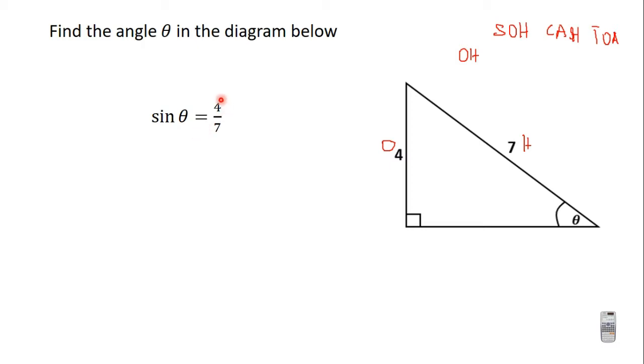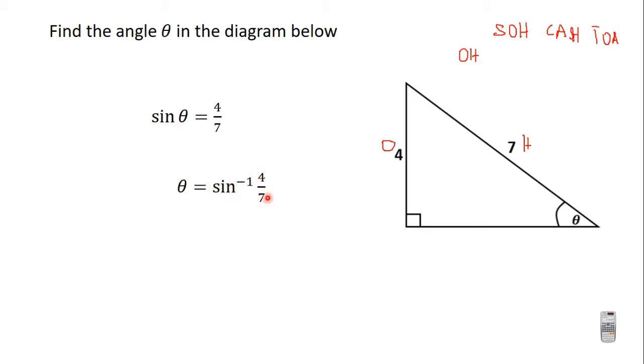You will have to find the sine inverse. To find theta, we need to find the sine inverse of 4/7 or 4 divided by 7. This is what I mean. Theta is equal to sine inverse of 4 divided by 7. So you write sine inverse, then 4 divided by 7.